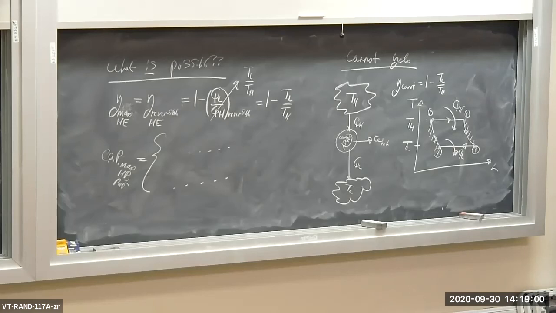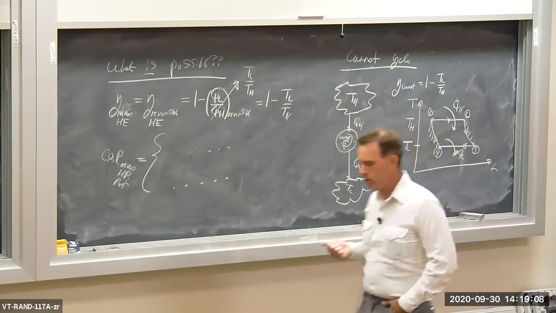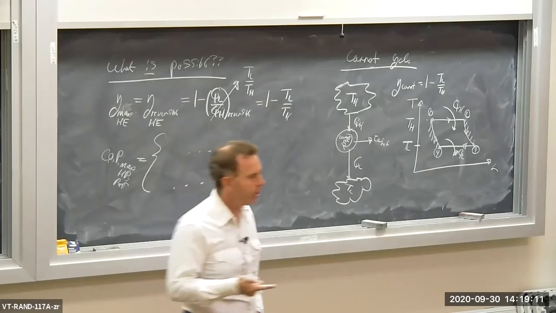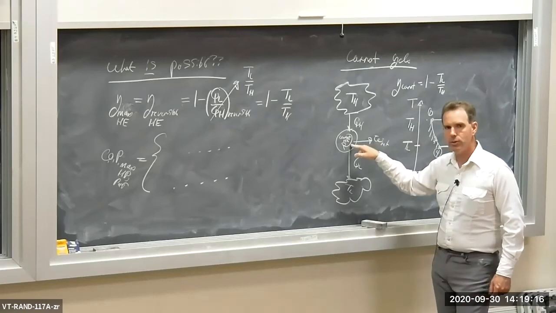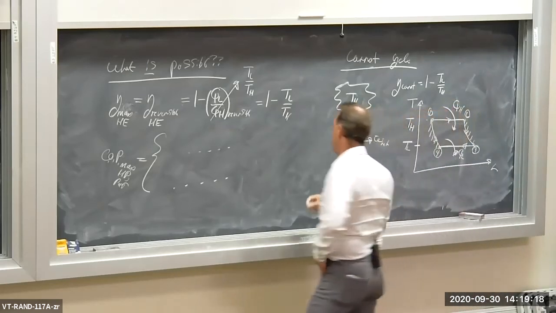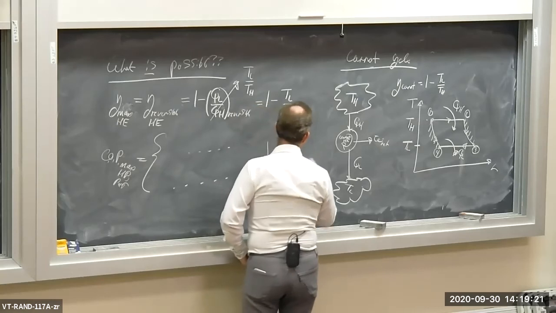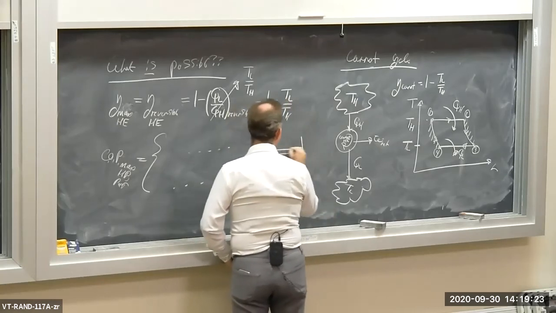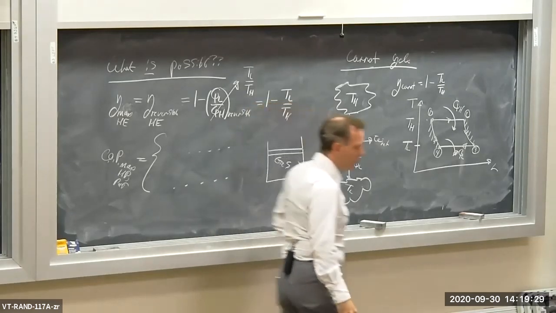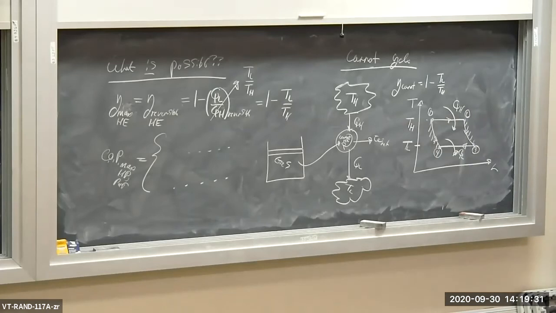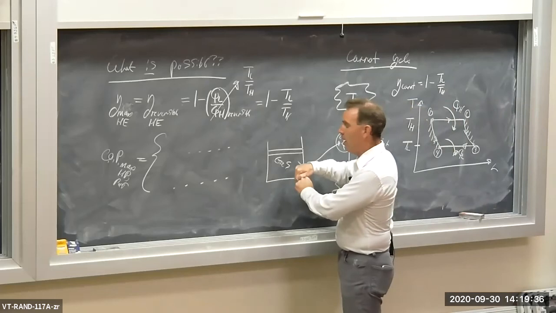Needless to say, the Carnot heat engine cannot contain any irreversibilities: no friction, no unrestrained expansion of the working fluid. That means the piston, this is actually a piston cylinder device. So let me draw it. This Carnot heat engine uses a piston cylinder device, some sort of gas in here, let's say. If there's no unrestrained expansion, that means the piston has to move very slowly.